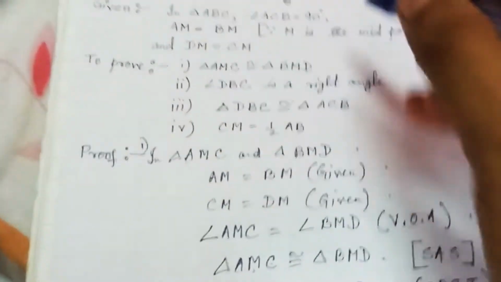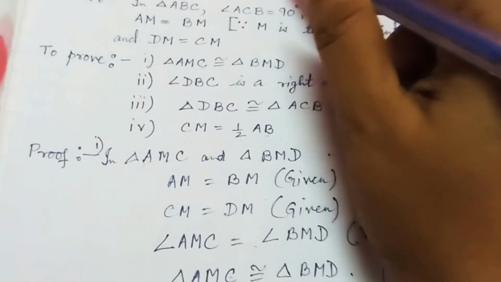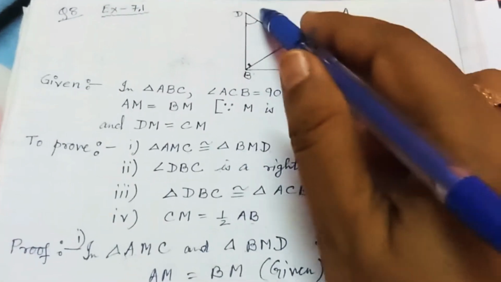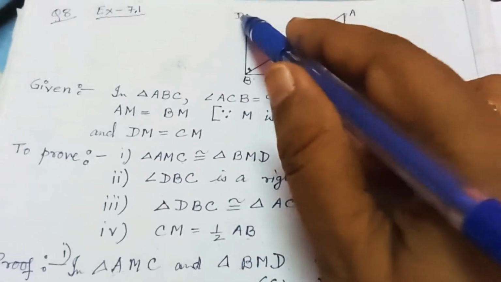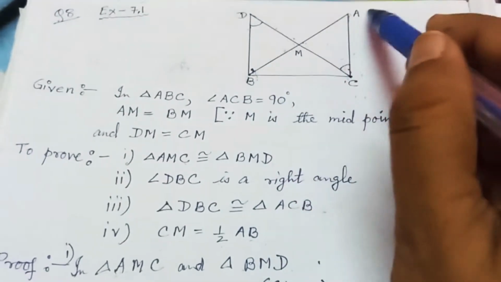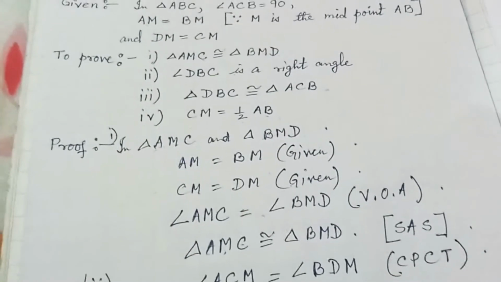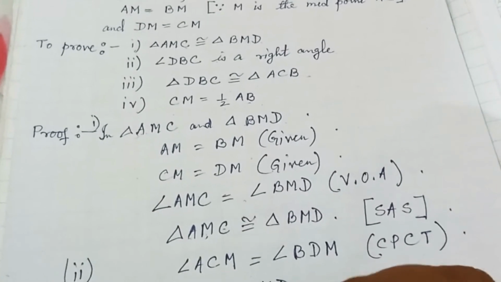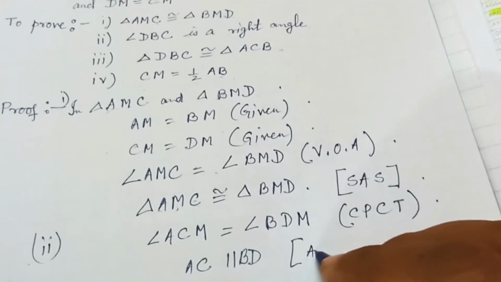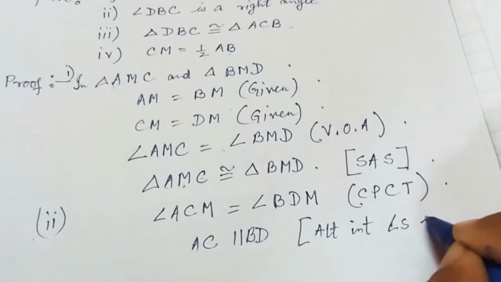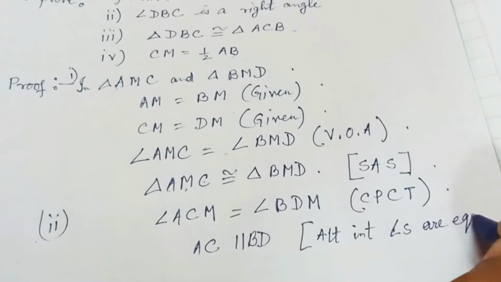Here we can see that this is the transversal and these two lines are there. If alternate interior angles are equal, then these two lines will be parallel. Therefore AC is parallel to BD, since alternate interior angles are equal.